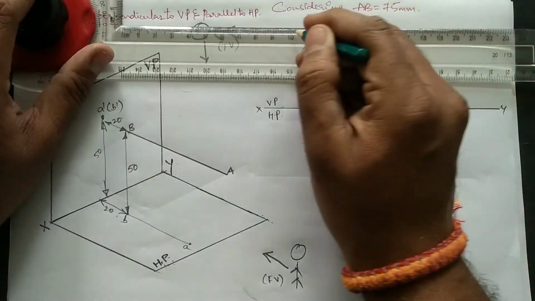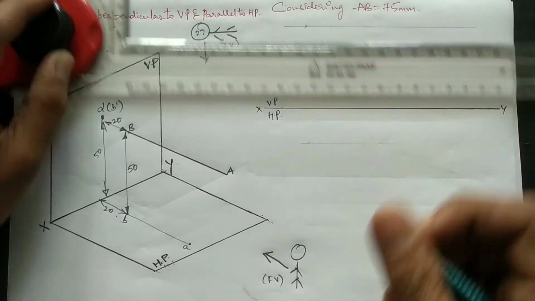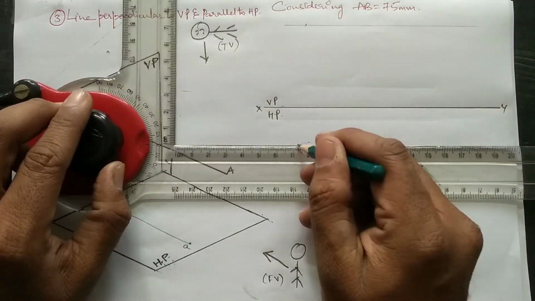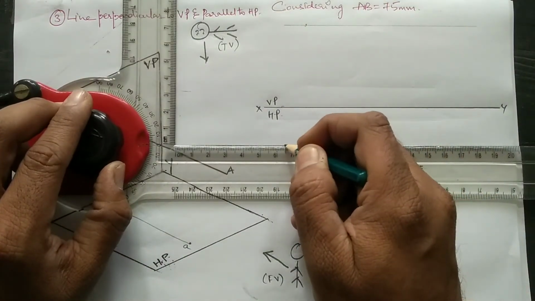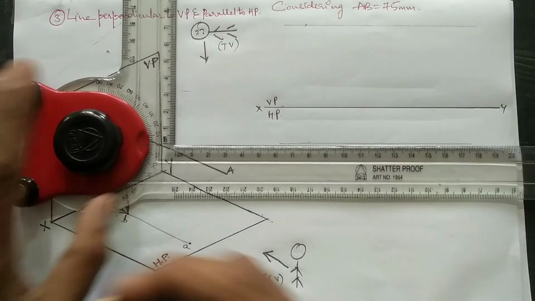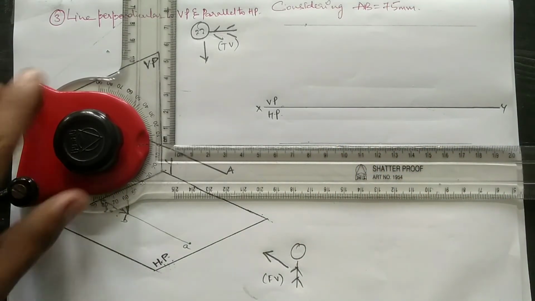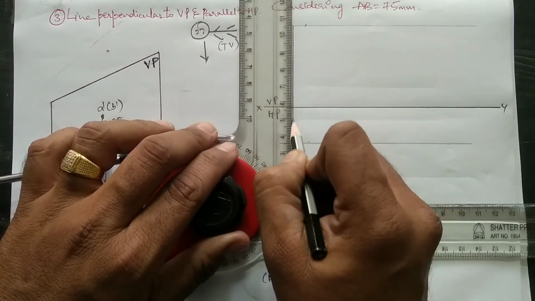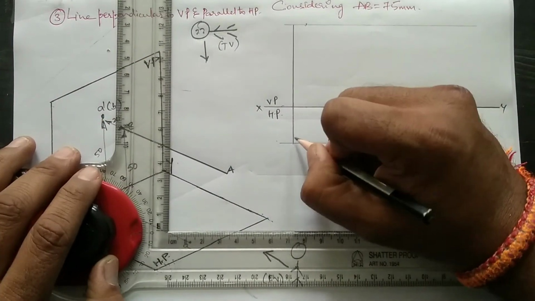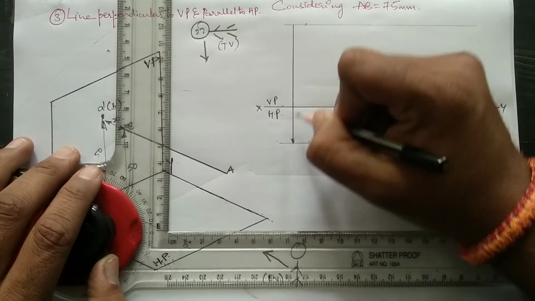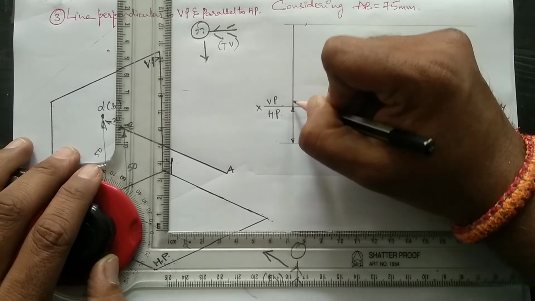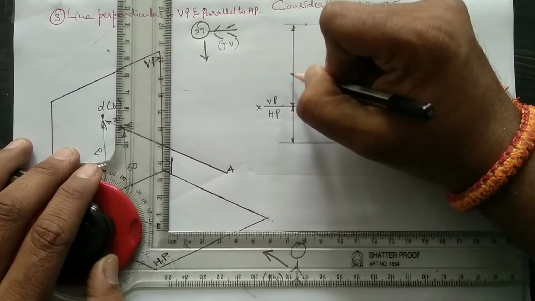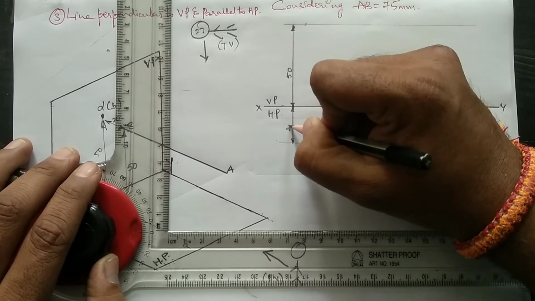So draw the locus line at a height of 50, and draw the locus line at a distance of 20 from the XY line. Marking these dimensions, this is 50 and this is 20.